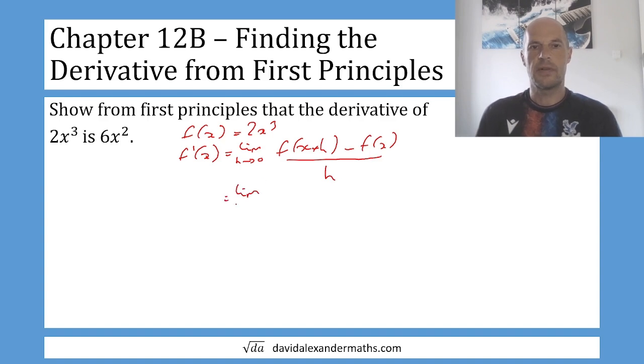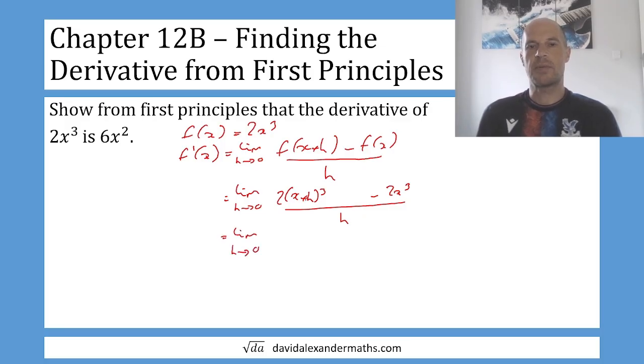Okay, so what we've got here is the function of x is 2x cubed. So if I'm adding on an h to my x value, then that is going to be 2 lots of x plus h cubed. So 2 brackets x plus h cubed, and all of this will, of course, still be over h.